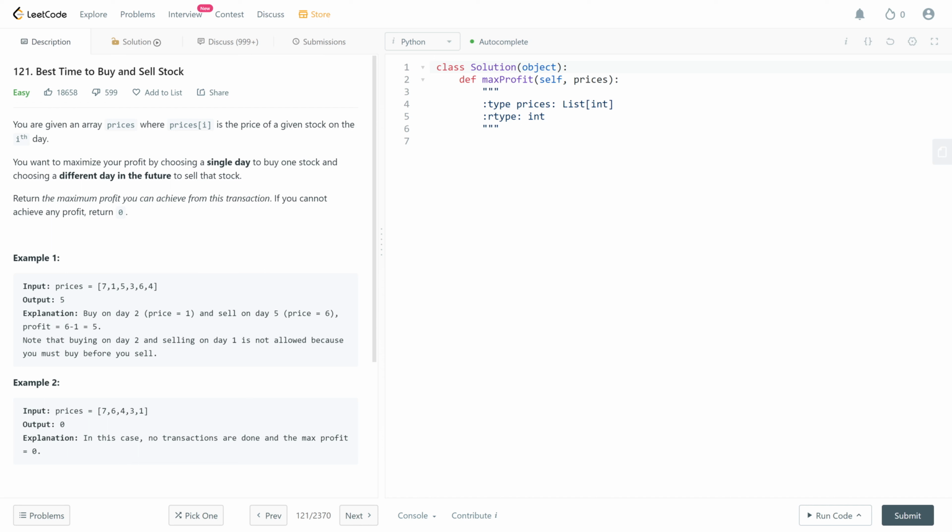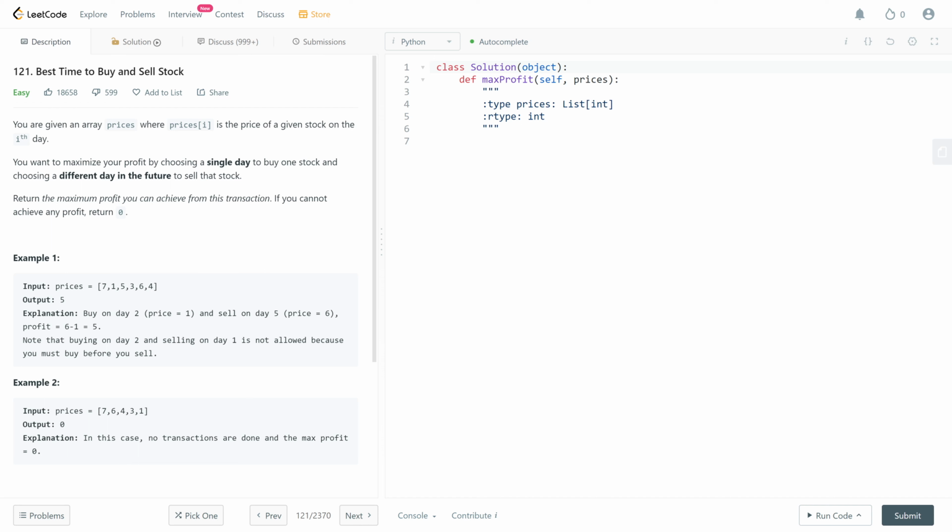Return the maximum profit you can achieve from this transaction. If you cannot achieve any profit, return zero. So it's not going to be negative. Like if you did really badly and you buy high and sell cheap, you're going to return zero. Okay.